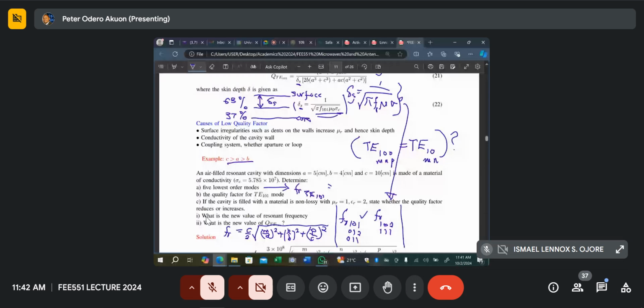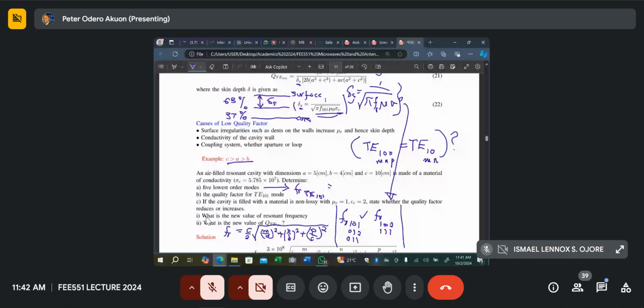Okay. I think what I needed to explain in this bracket here is that we cannot have a cavity, not actually the mode, but the number of half waves that we see on those fields.